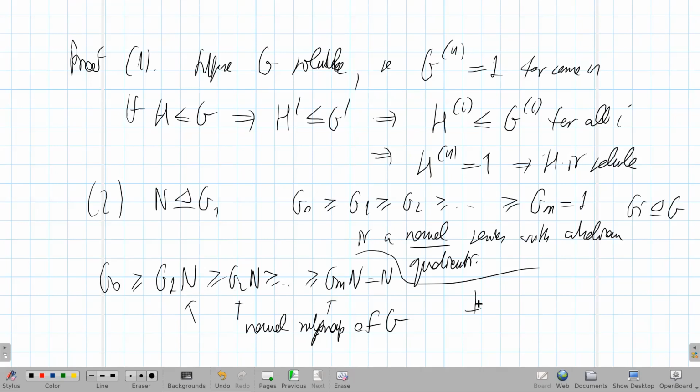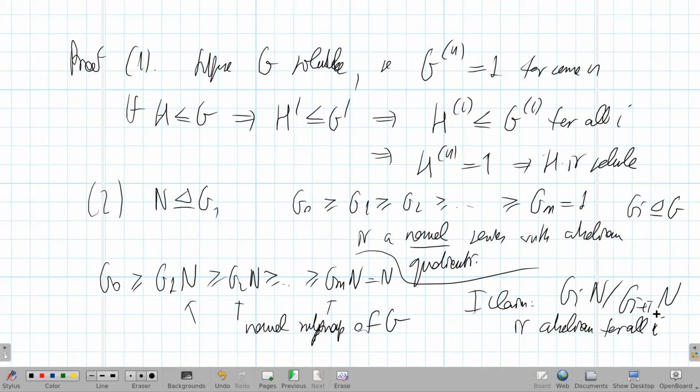I claim Gi N over Gi+1 N is abelian for all i, okay? And this is just a matter of using the second isomorphism theorem. So recall, this is a normal series with abelian quotients. So you know that the quotient of Gi over Gi+1 is abelian.